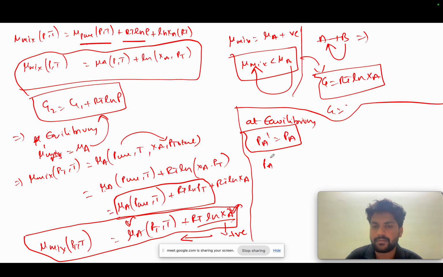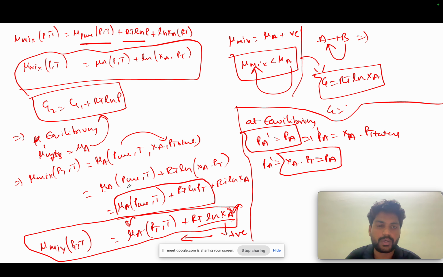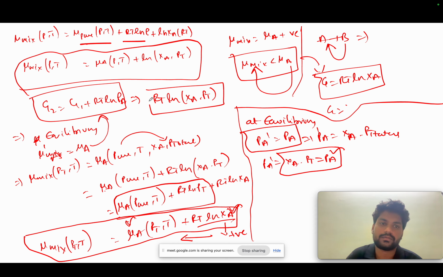So for suppose PA dash equals XA into P total, which is nothing but PA. Now whenever I am talking about the pure, you will get this one. So I will get RT ln PA. If you know the equation from here, it is nothing but RT ln PA, which implies RT ln of XA into P pure T. So from here I got it to here.